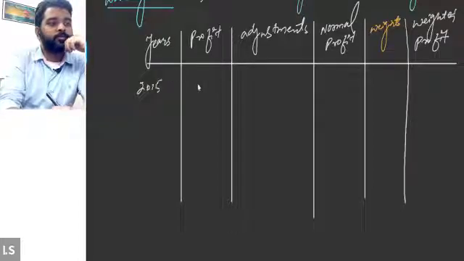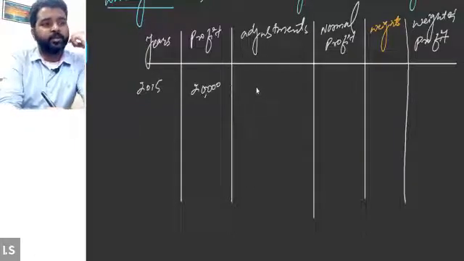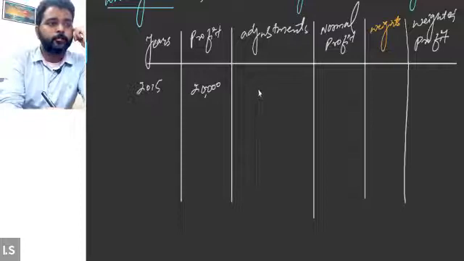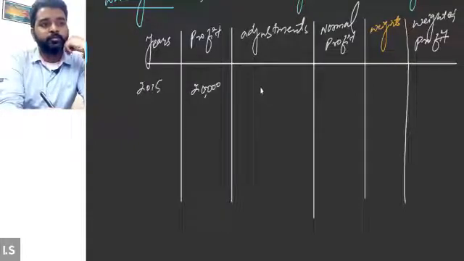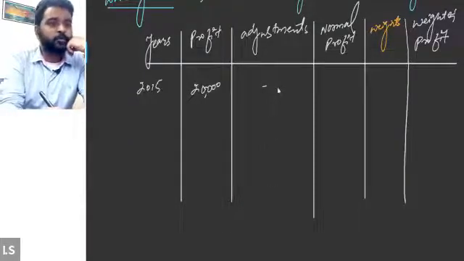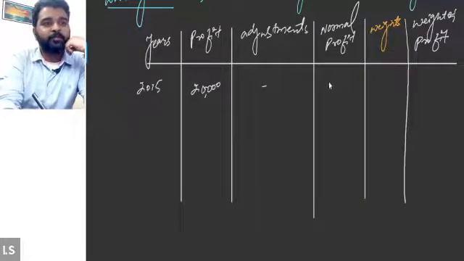There is no additional information given in the question regarding the adjustment that we need to do in the profit of 2015. So we will skip the adjustment column and won't write anything in it. The entire amount of profit will be considered as the normal profit for the year 2015.